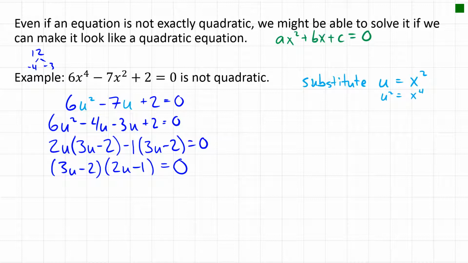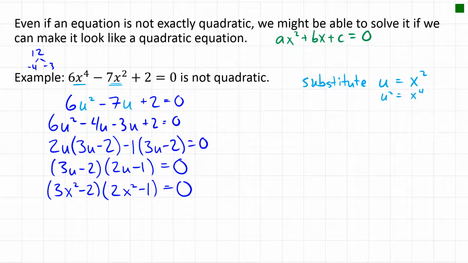Now, I wasn't given u in the equation, I was given x's. So I have to substitute this u equals x squared back in. So that's really 3x squared minus 2 and 2x squared minus 1 equals 0. And now I can solve each of these.